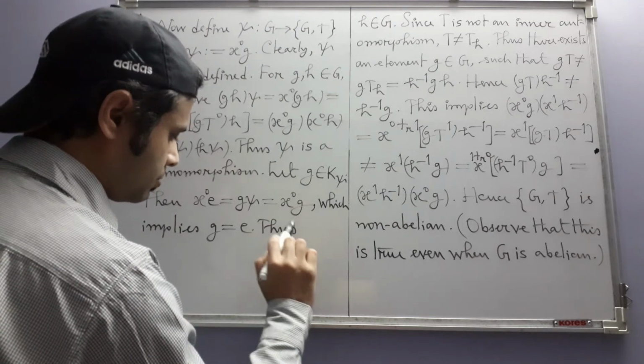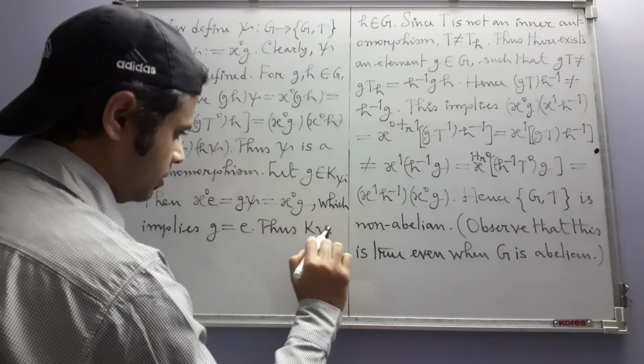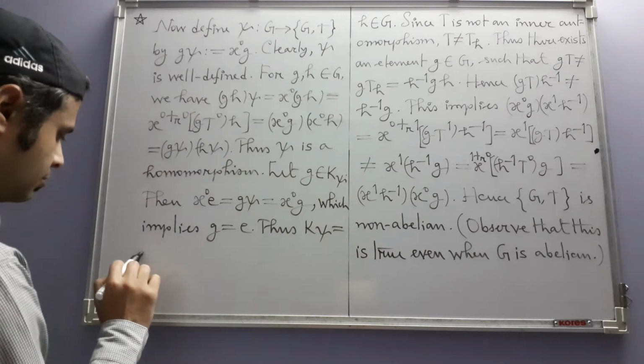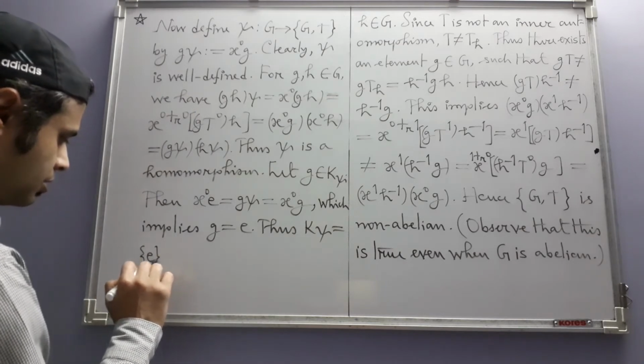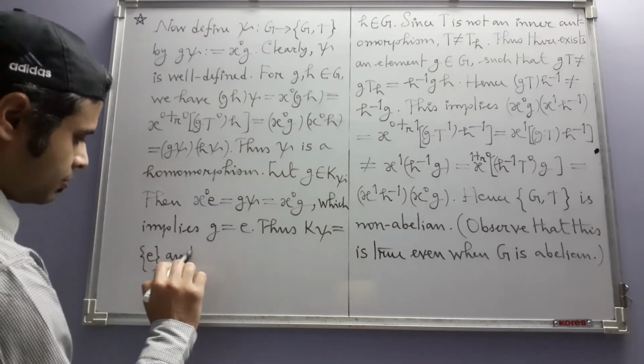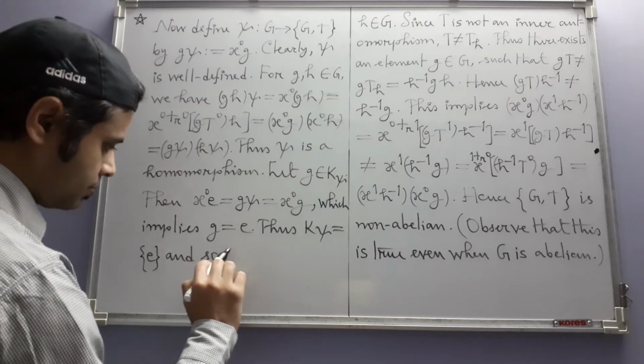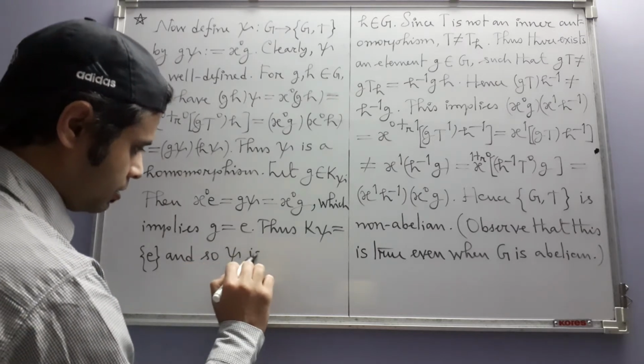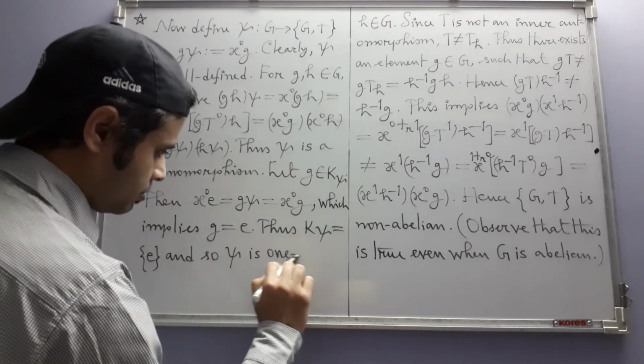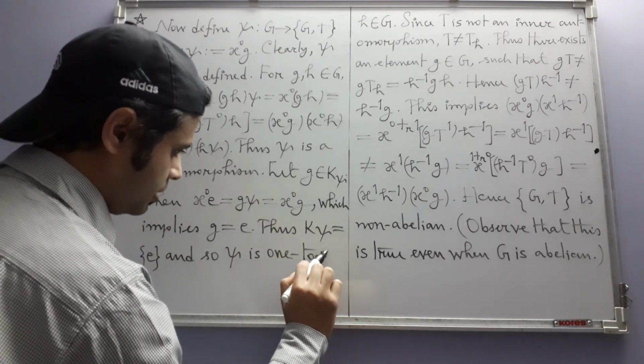Thus K psi consists of only the identity, and so psi is 1 to 1. It's injective.